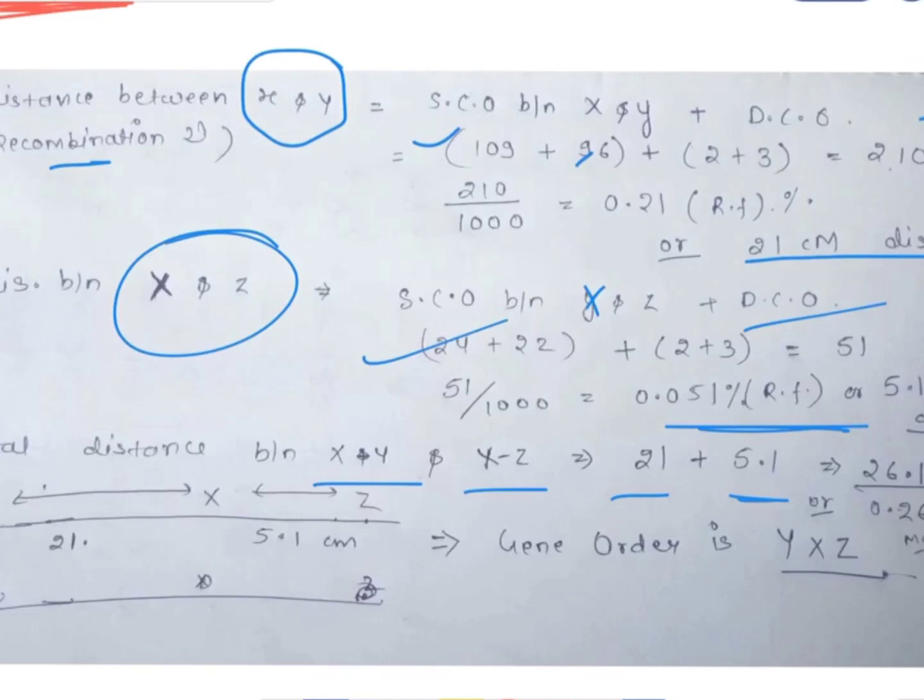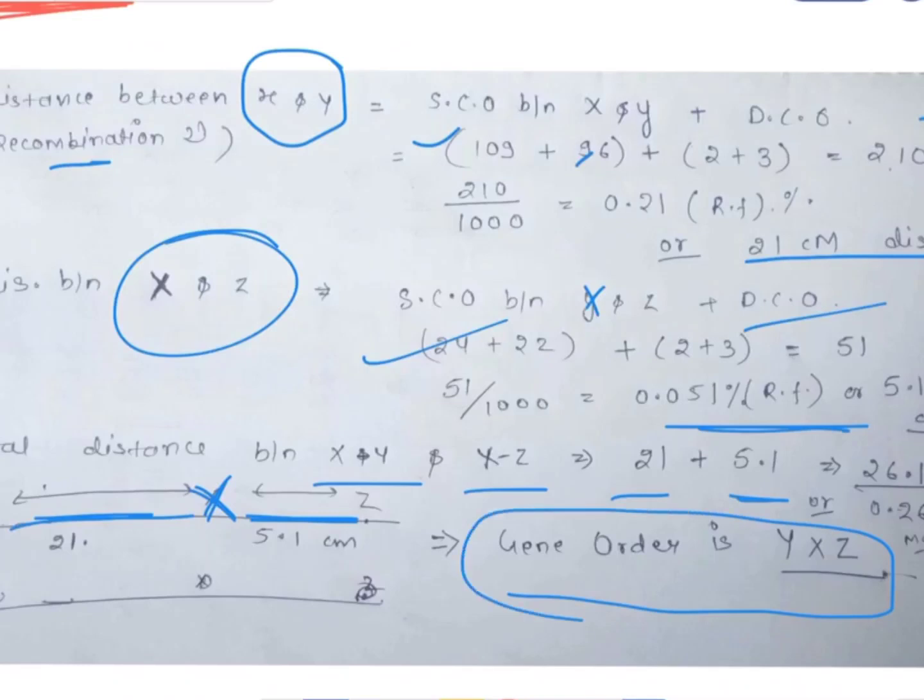If we depict these genes on a straight line, 21 is the longest and 5.1 is this, and here in the center the X gene is present. So the distance between Y and X is 21, and between X and Z is 5.1. So the correct gene order is Y, X, and Z.